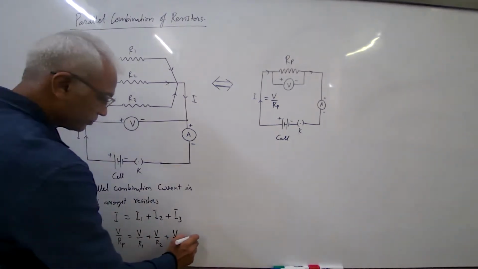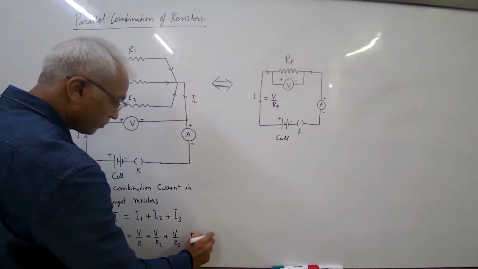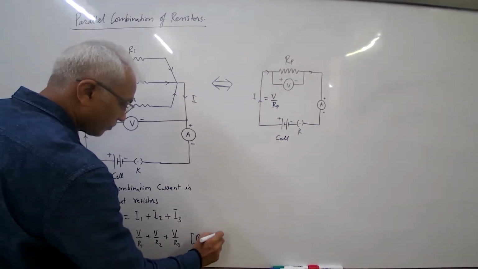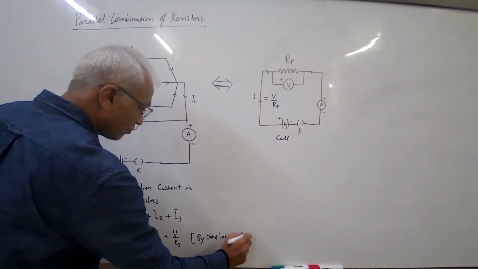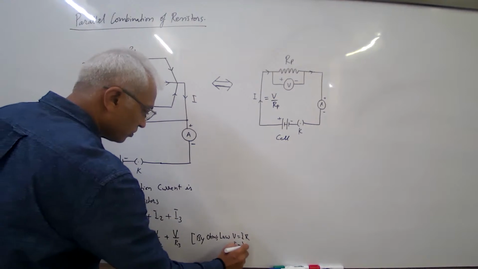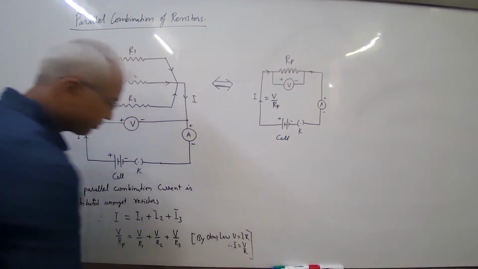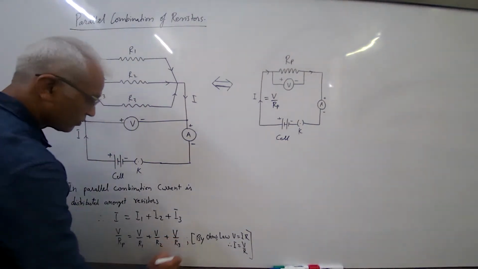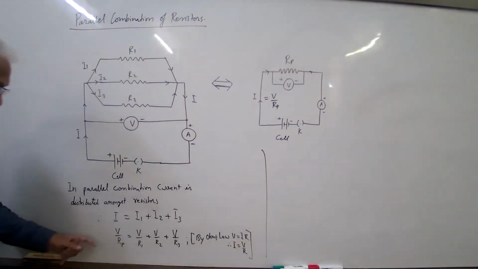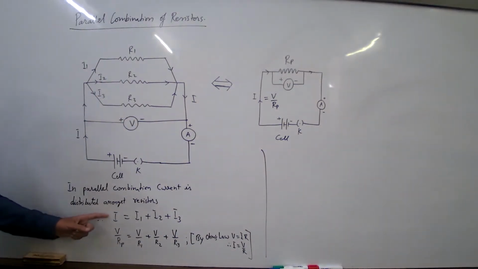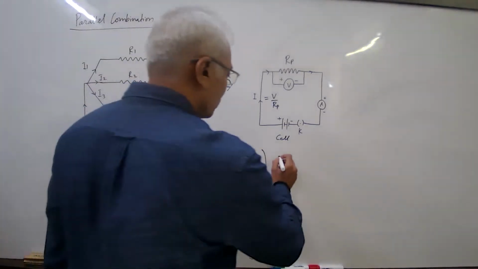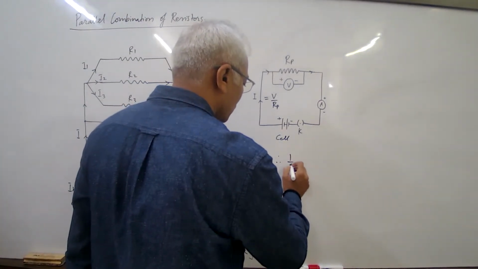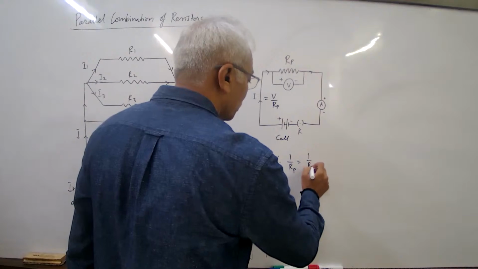This is my Ohm's law: I is equal to V by R. This formula we have used here, and this is the total current in terms of combined resistance. So now V can be cancelled. So what do we get? Therefore, 1 by R parallel equal to 1 by R1 plus 1 by R2 plus 1 by R3.